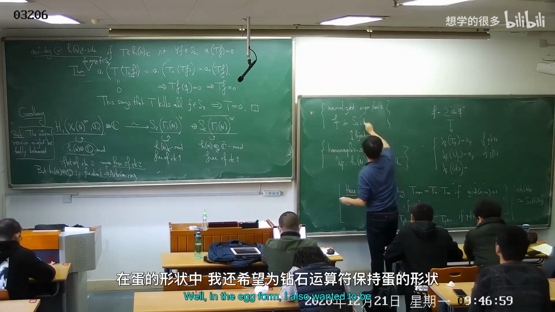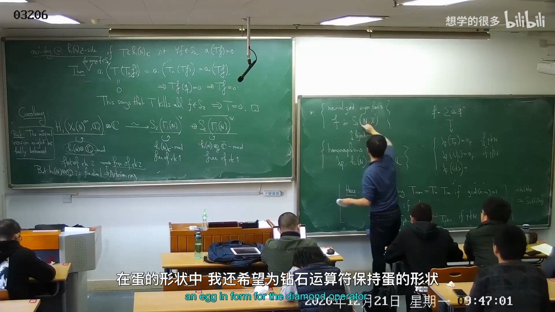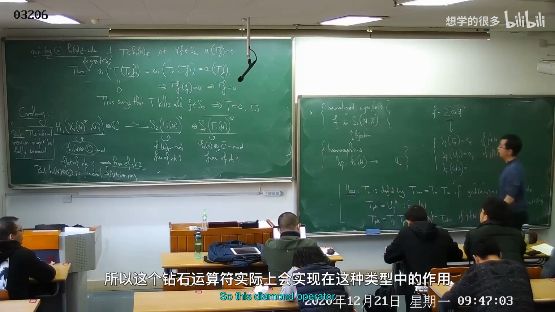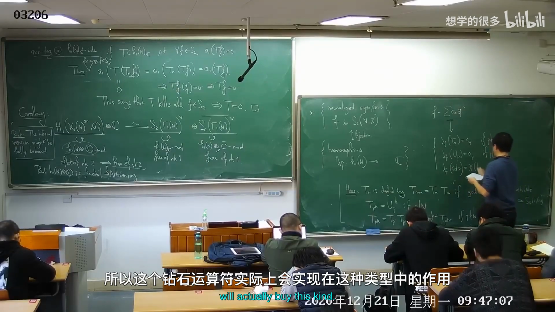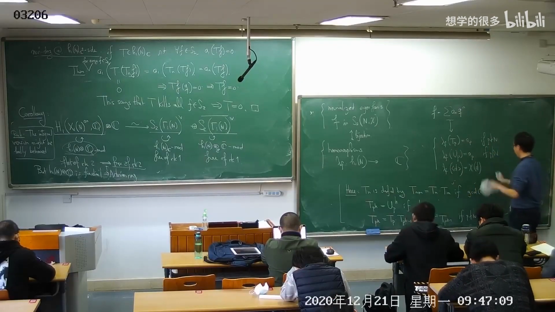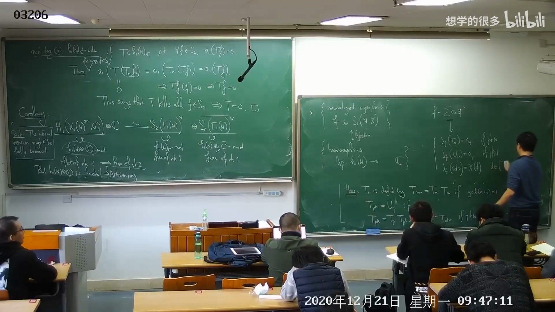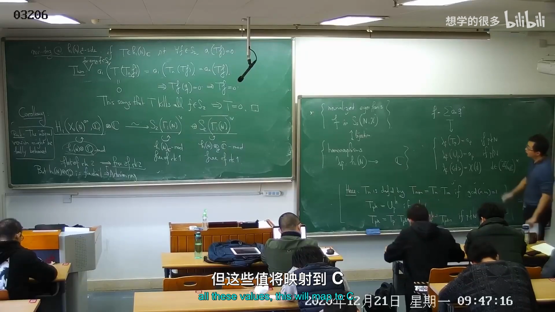If it's an eigenform, I also want it to be an eigenform for the diamond operator. So the diamond operator will act by this character χ. But then all these values map to C.